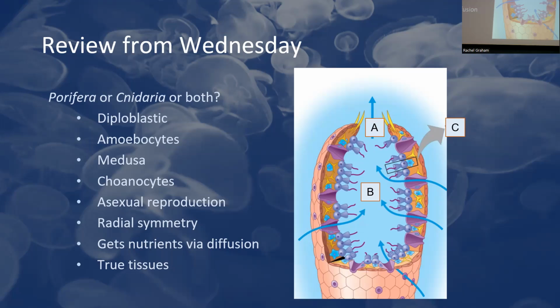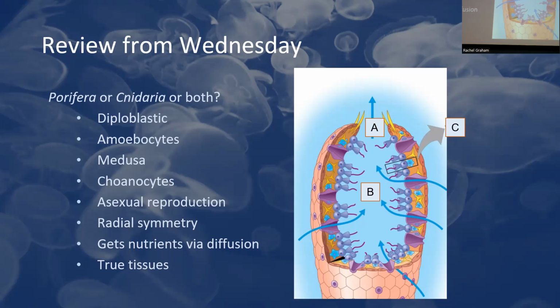Asexual reproduction. Both can do it some. Radial symmetry. Cnidaria only. Gets nutrients only via diffusion. Both of them. And true tissues.